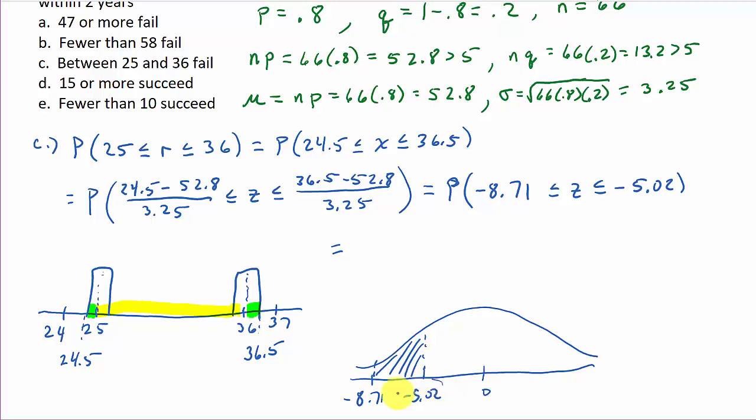So remember, you would look up this area and write it down, and then minus, look up this area and write it down, so you would subtract the two. But actually the area to the left of this value is 0, minus the area to the left of this value, which is also 0, and so your probability would be 0.